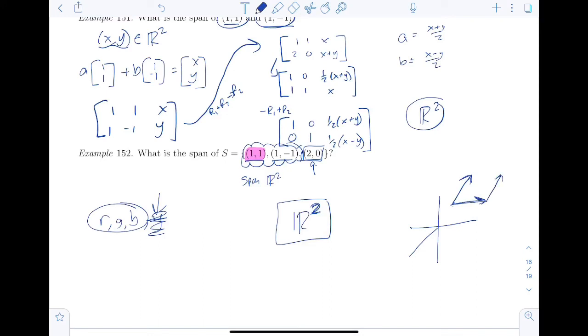You can add those to make all these vectors. Anything that's in that plane that these two things share is going to be the span of those two vectors, which is why I only need two vectors to determine a plane, okay? And that plane is spanned by those vectors, okay?